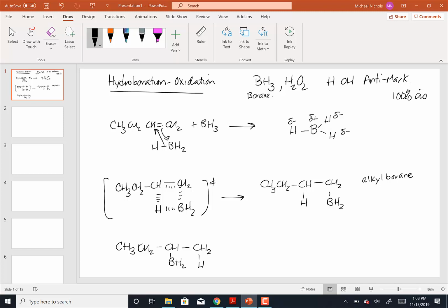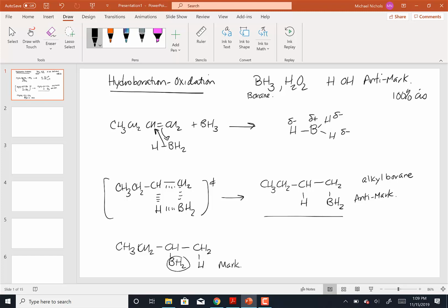In other words, if this ultimately becomes an OH, this one would lead to your Markovnikov product. This one up here leads to your anti-Markovnikov product. And I already said that it's anti-Markovnikov, so this is going to be the way it adds.